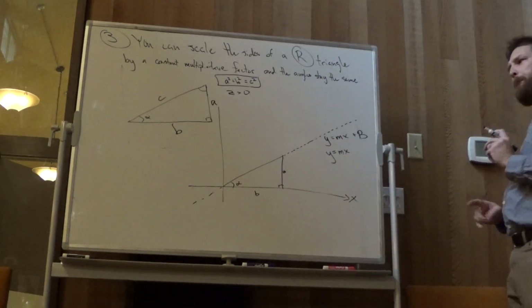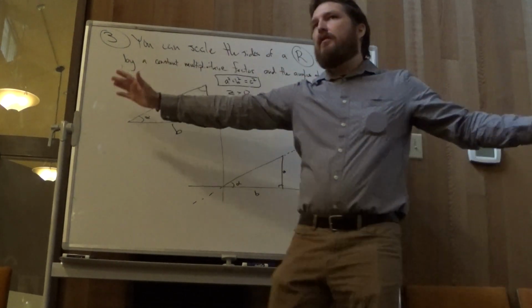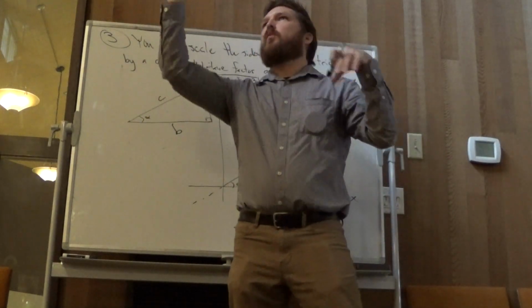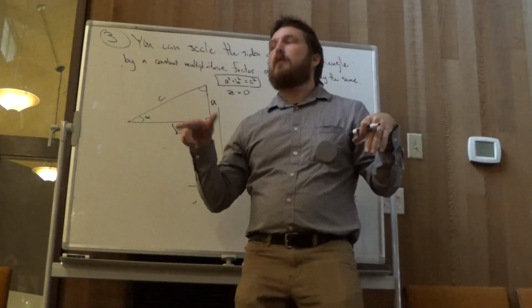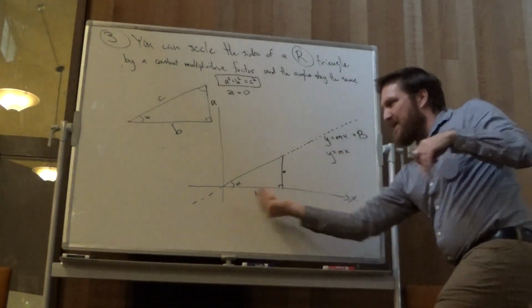So what's m? Can we find it? No. So now, forget about this. M is slope, which is what? Rise over run, so A over B. Rise over run, which is A over B, right?